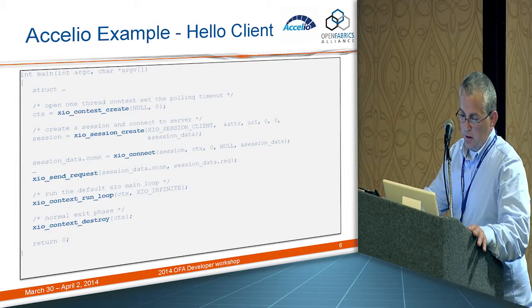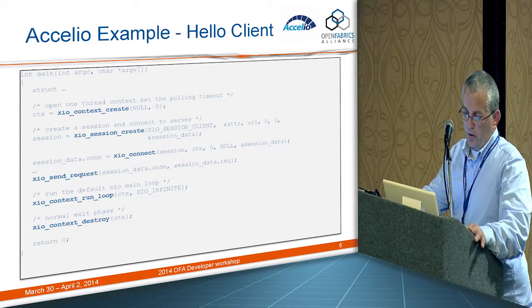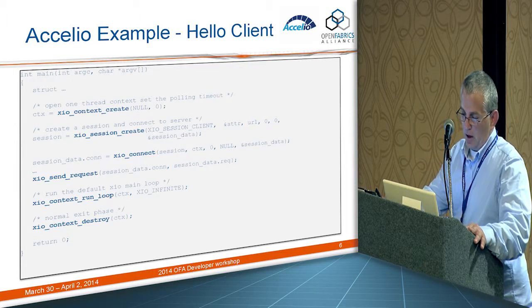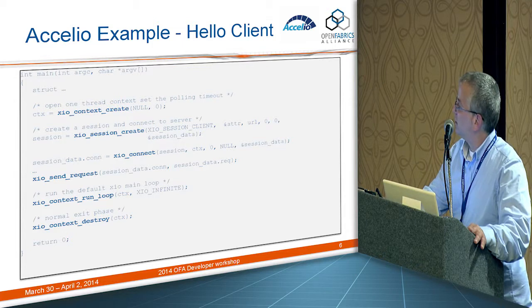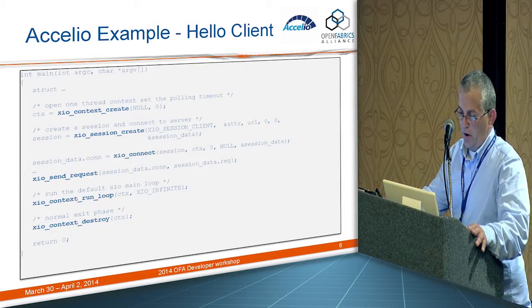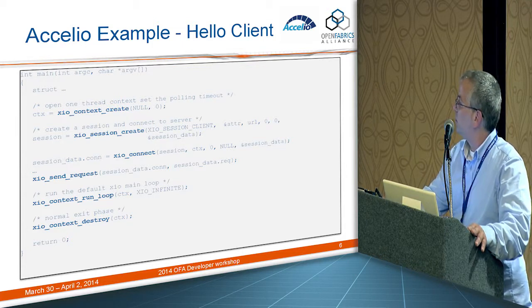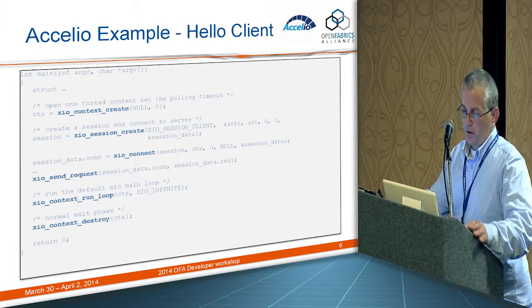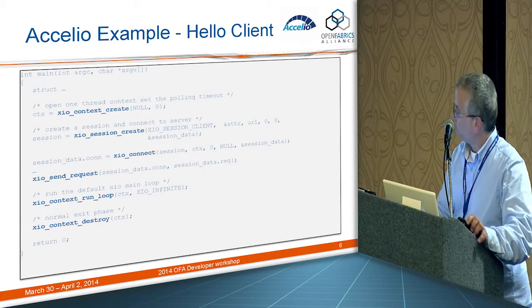And the next line is that you are running the dispatcher, the event loop. So currently, the dispatcher is running, the connection is being established, and the message is being sent to the peer side. And the last line is the exit phase. The loop is a blocking function; when the loop is ended, everything is destroyed and cleaned.